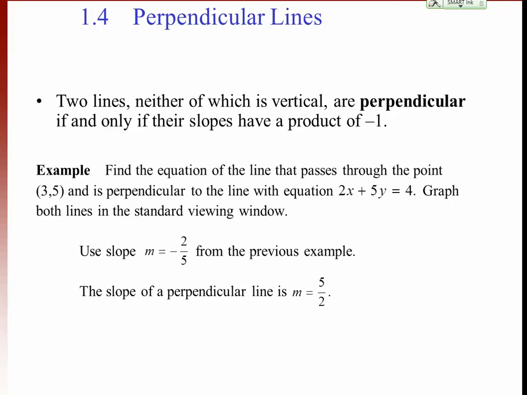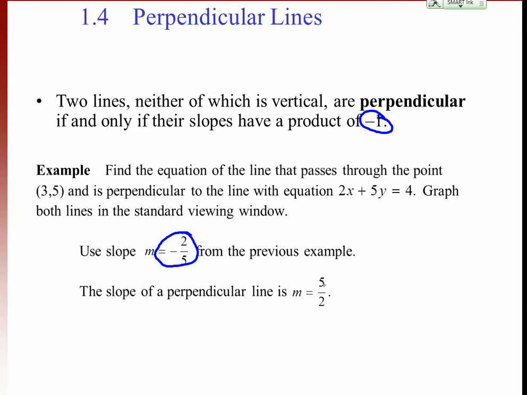Okay, now perpendicular lines. Remember the slopes of perpendicular lines have a product of -1. So if we know the slope of one of them, from the previous example -2/5, we flip that fraction and change the sign to get the perpendicular slope.